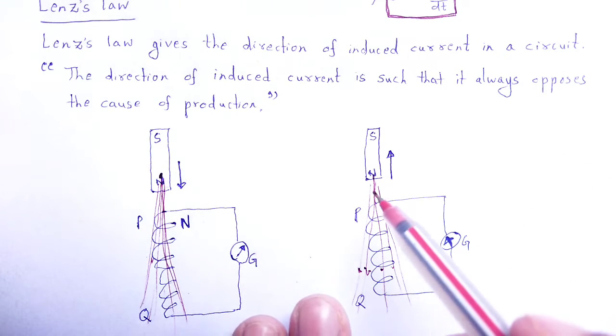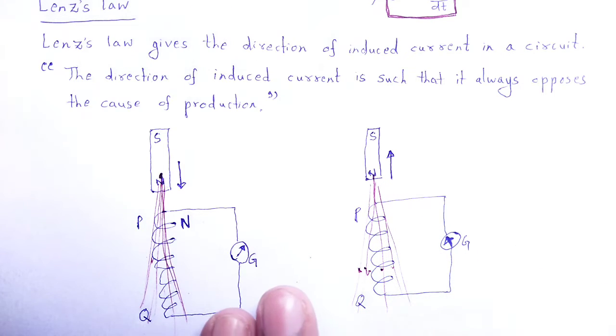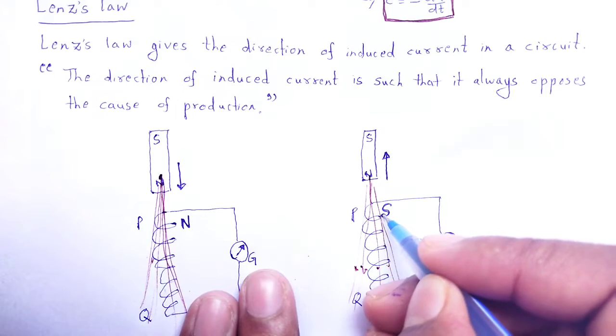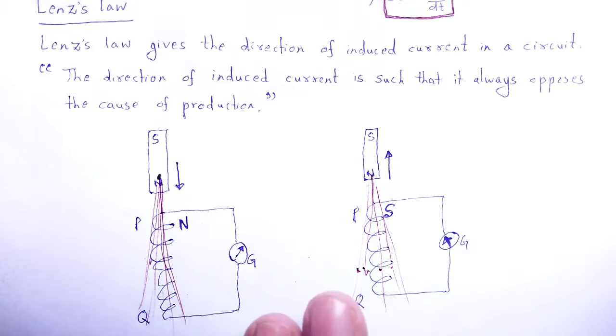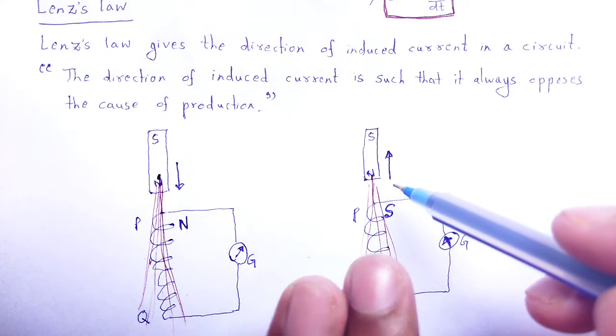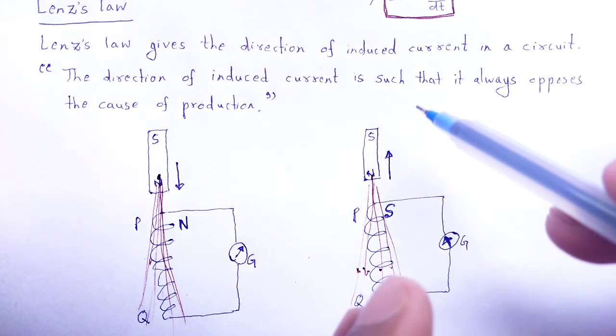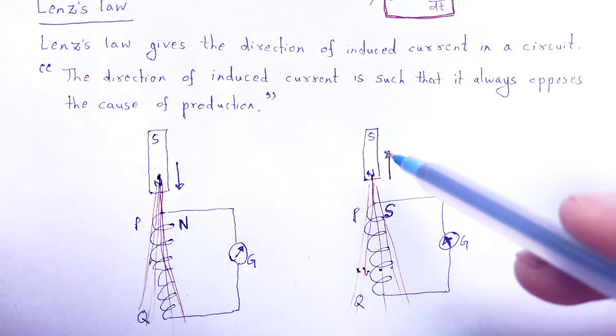This indicates that the upper end of the solenoid acquires south polarity from the viewpoint of the magnet. Due to the north-south attraction, the solenoid opposes the upward motion of the north pole of the bar magnet, which is the cause of the induced current.